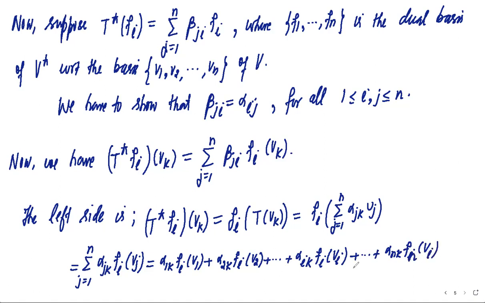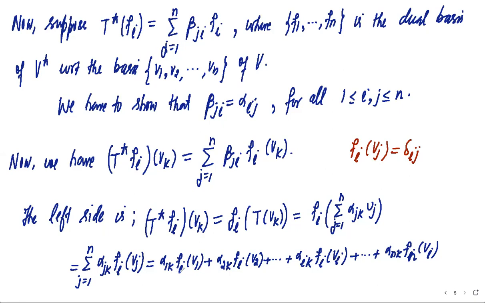But now by definition of these linear functionals Fi, we have defined them to be the mappings which satisfy Fi of Vj equal to delta ij. So whenever i and j are different, the image of Vj is 0. And whenever i and j are identical, we get Fi of Vi is equal to 1.